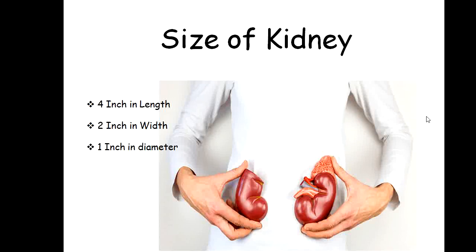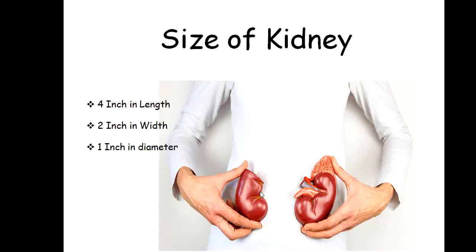This slide represents the size of the kidney. In this image, you can see the actual size of the kidney. You can imagine that the kidney is just like the size of a bathing soap, which you usually use during bathing or hand washing.